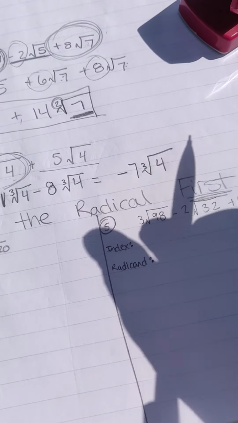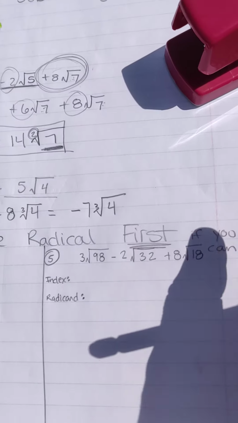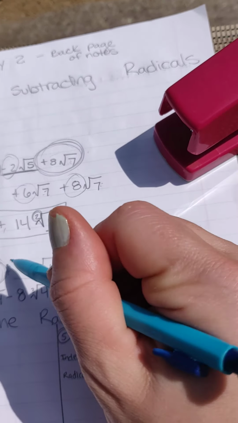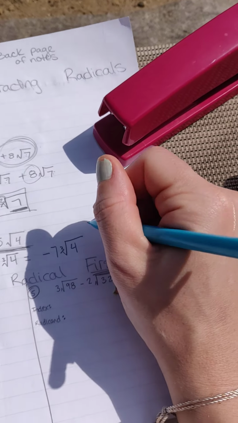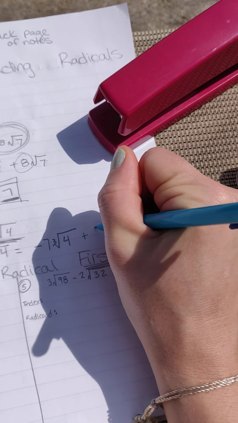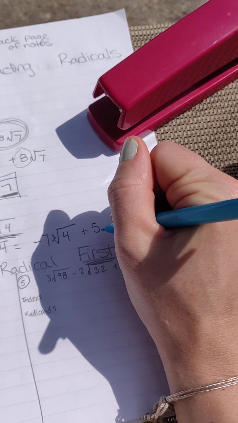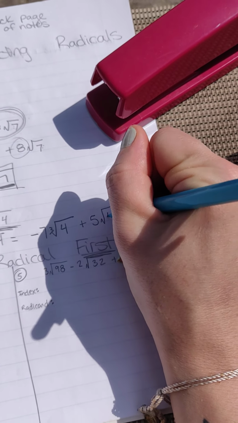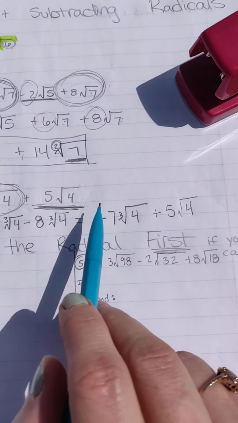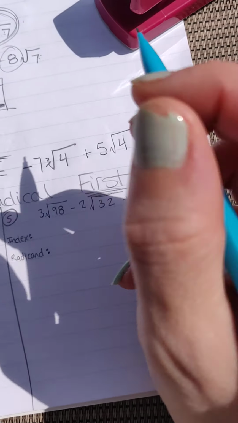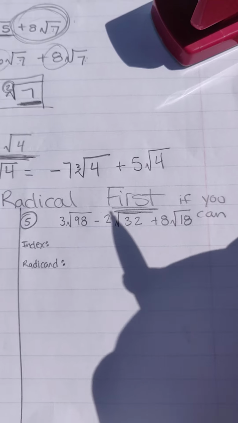And then I also have this up here. I have the 5 root 4. So I'm just going to write plus 5 root 4. All right, so could I have totally added all 3 of those together at the same time? Sure. It's just whatever works best for you.